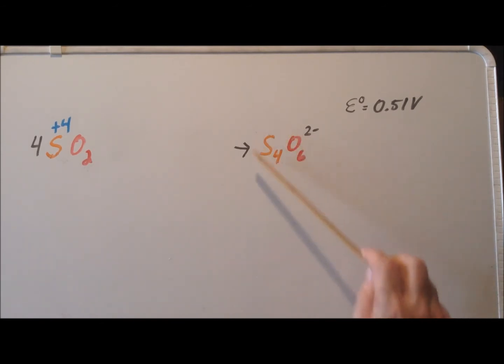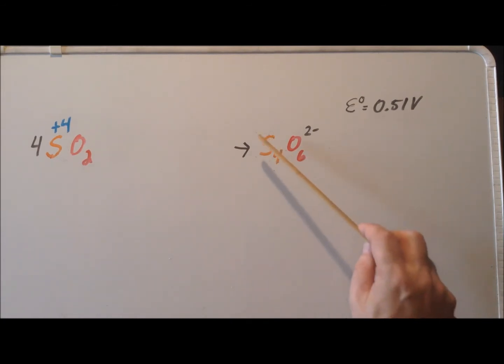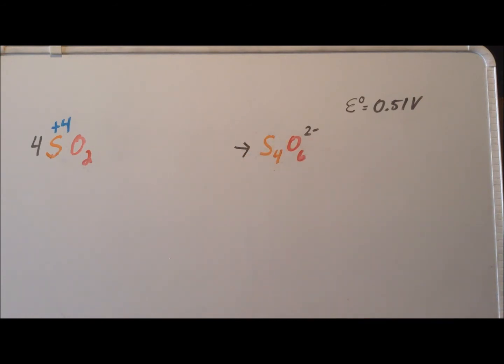We know that the sum has to equal -2 for an ion. The sum of the oxidation numbers equals the total charge on the polyatomic ion. That means the 4 sulfurs together must account for +10, because +10 minus 12 equals minus 2. This is a little tricky because we have to account for the oxidation numbers of sulfur, each being 2.5, which is not normally how we think about it.